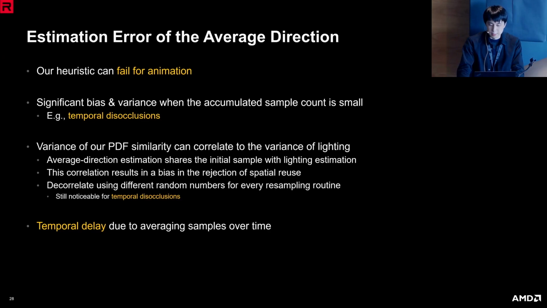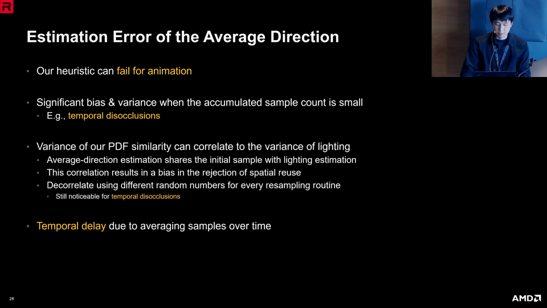Although the variance is decorrelated by using different random numbers in every resampling routine, the variance and its correlation may be noticeable when the number of temporal samples is small due to temporal disocclusions. Therefore, our method is not suitable for temporal disocclusions.